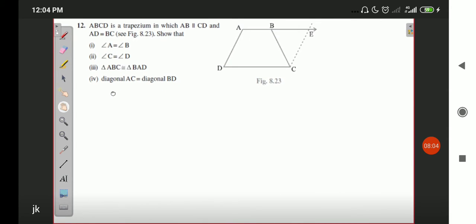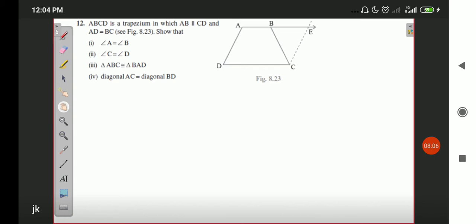We have conclusively proved that angle A and angle B are equal. Now we'll start the second part. This angle E was called x, this angle was also called x.